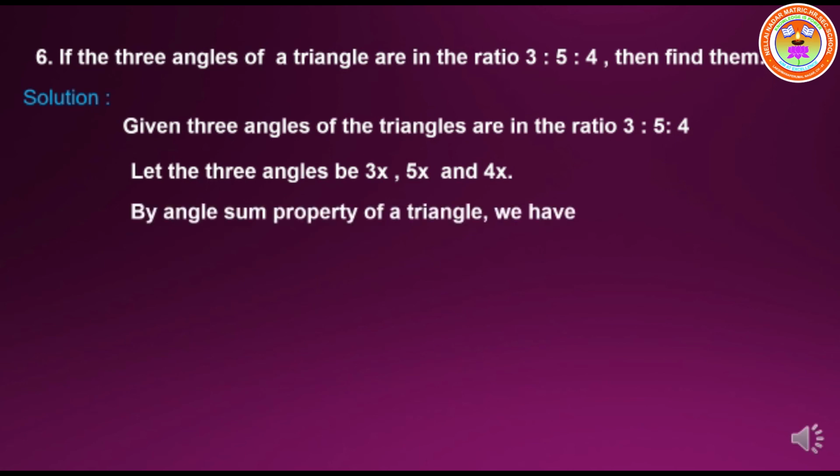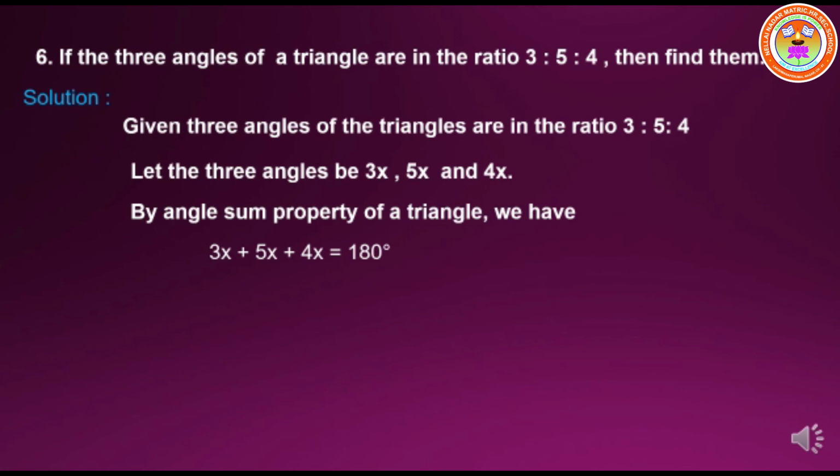Now, by using the angle sum property of a triangle, we have 3x plus 5x plus 4x is equal to 180 degrees. So, adding all the three angles, we get 180 degrees.